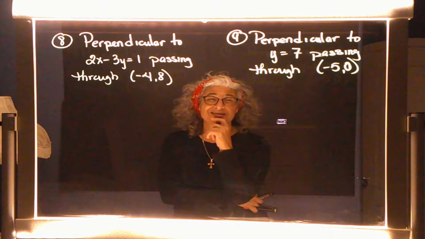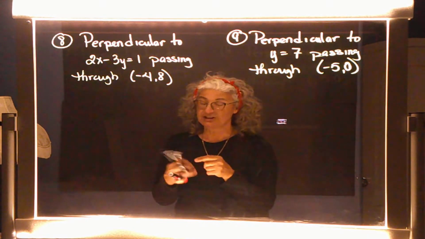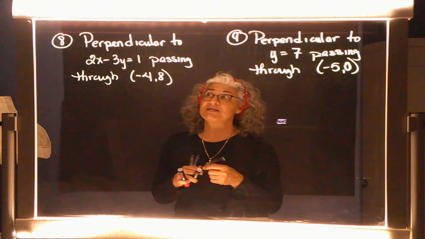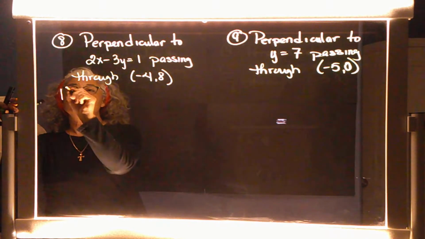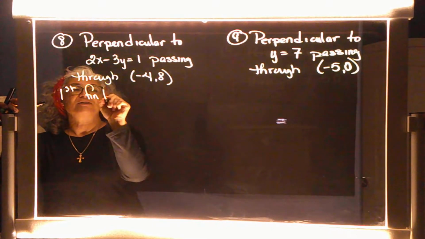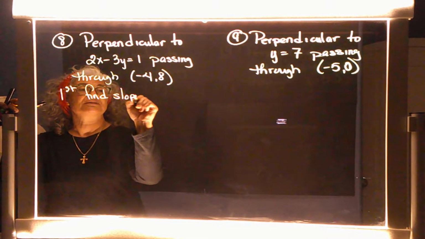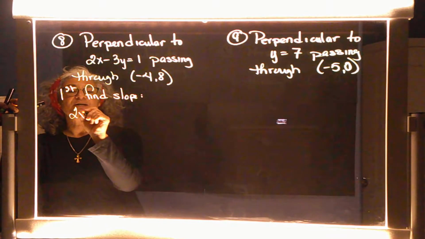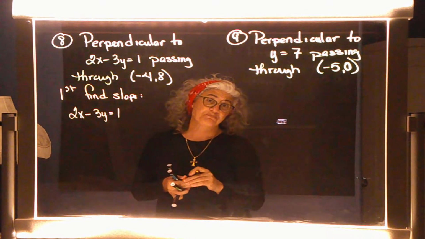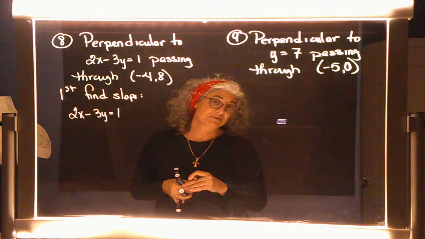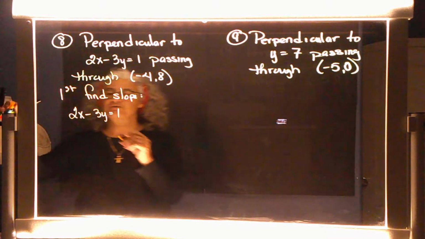I guess I got to go find the slope first, don't I? Because they gave me 2x minus 3y equals 1 as the equation. So, first, find slope. Agreed? So to find the correct slope, get the y by itself.